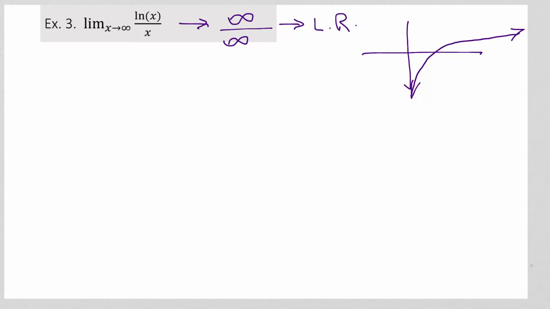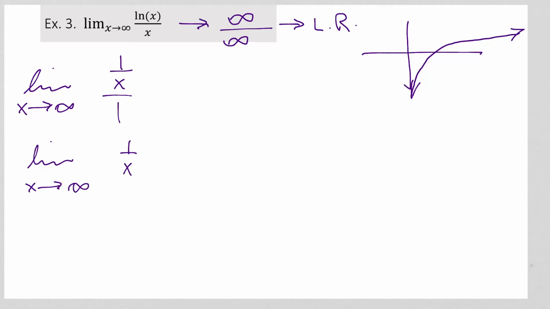That means this is the same as the limit as x approaches infinity of the first derivative of the natural log of x, which we know is 1 over x, divided by the first derivative of x, which is 1. So this is just the limit as x approaches infinity of 1 over x.